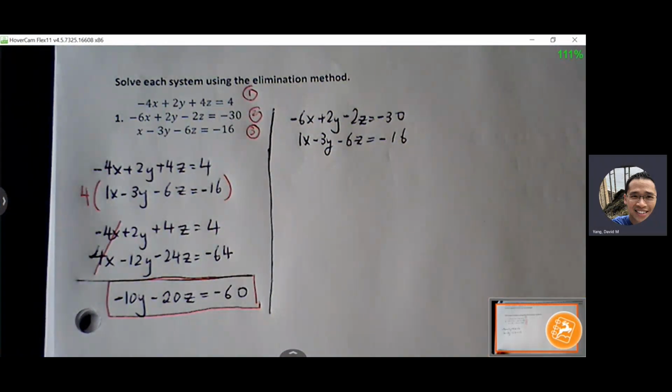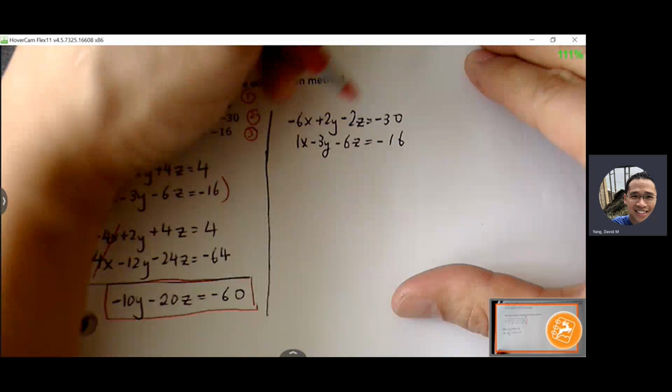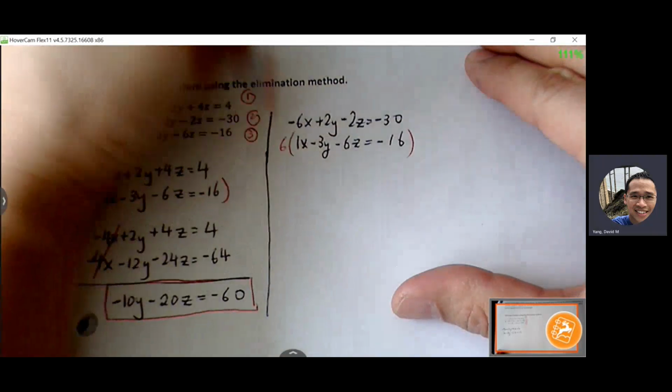Okay, so what can I do to one of the equations to get the x's to match up? Second one by 6, yep, okay.